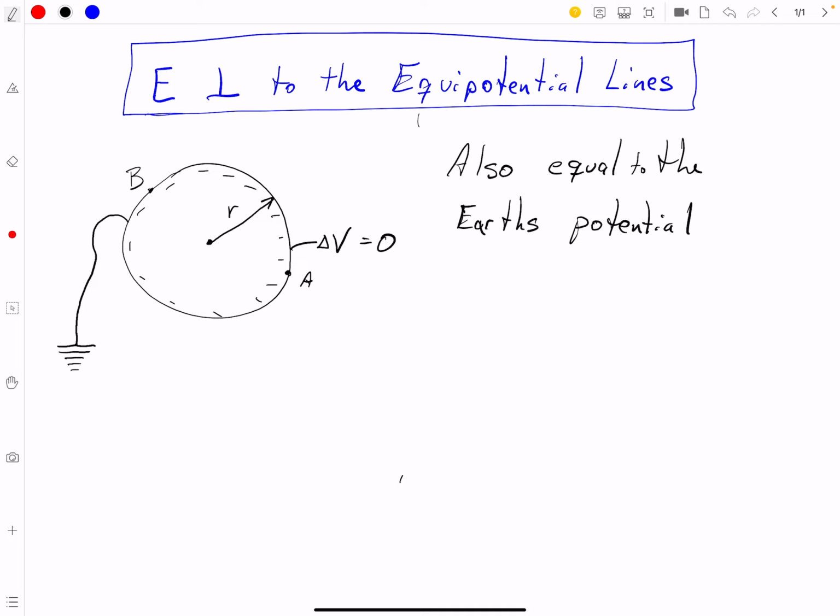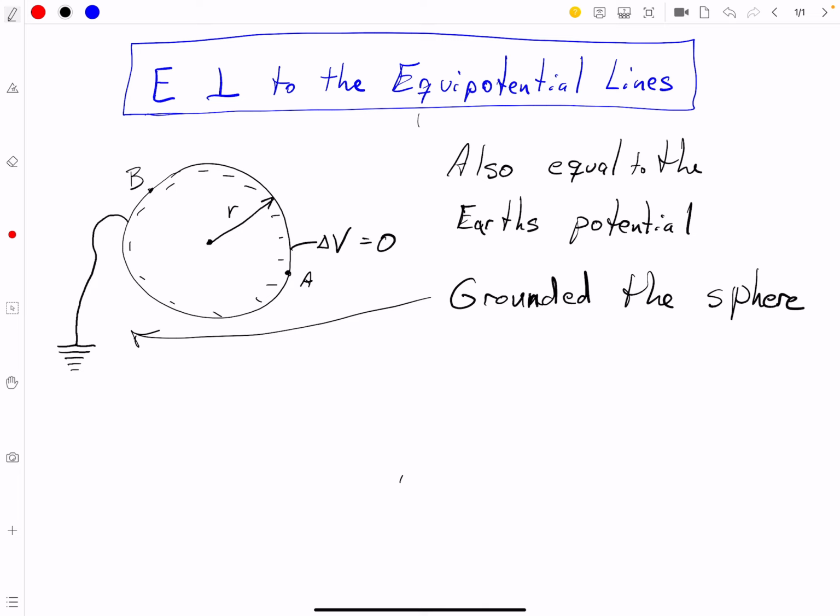So we have grounded the sphere. We've grounded the sphere by connecting it.